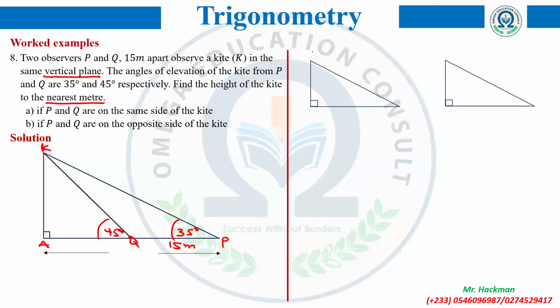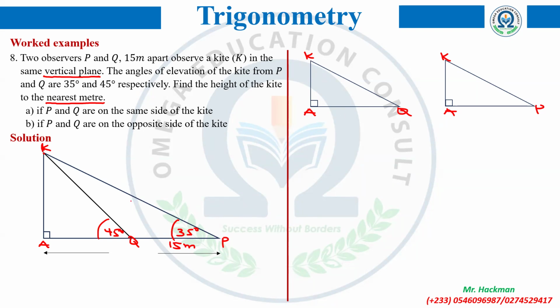So one will be, let me go for the small one, K, A, Q. That's the small one, very good. And the bigger one will be K, A, P. My professors, I hope you are all with me. Yes, please.